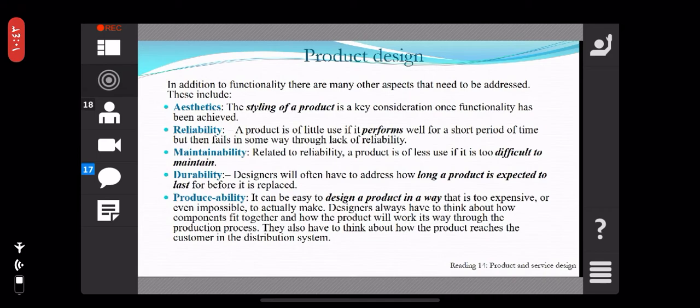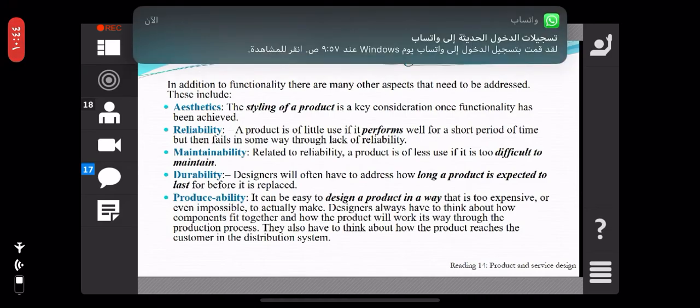Reliability: what is the performance of the product? A product is of little use if it performs well for a short period of time, but then fails in some way through lack of reliability. Whether the product is reliable or not, how it performs, good or bad. Maintainability is related to reliability.